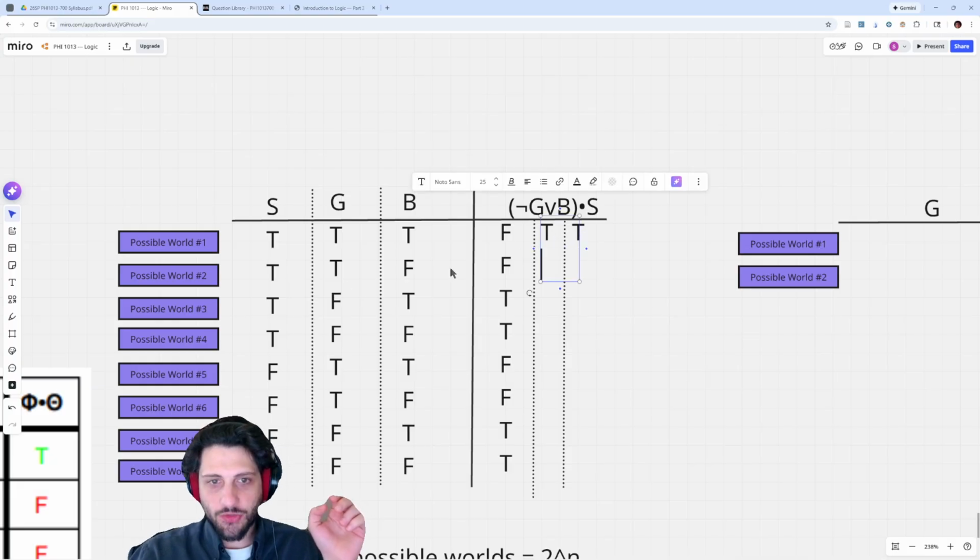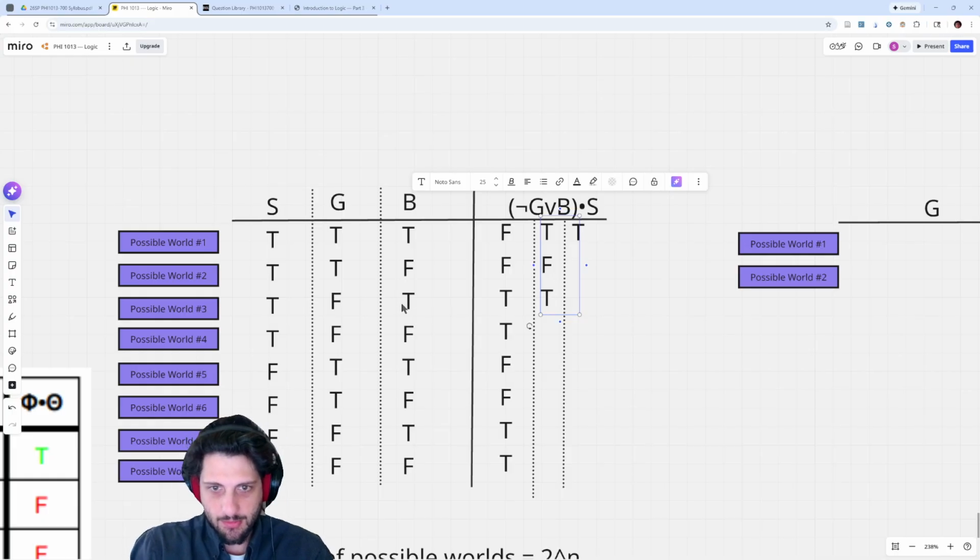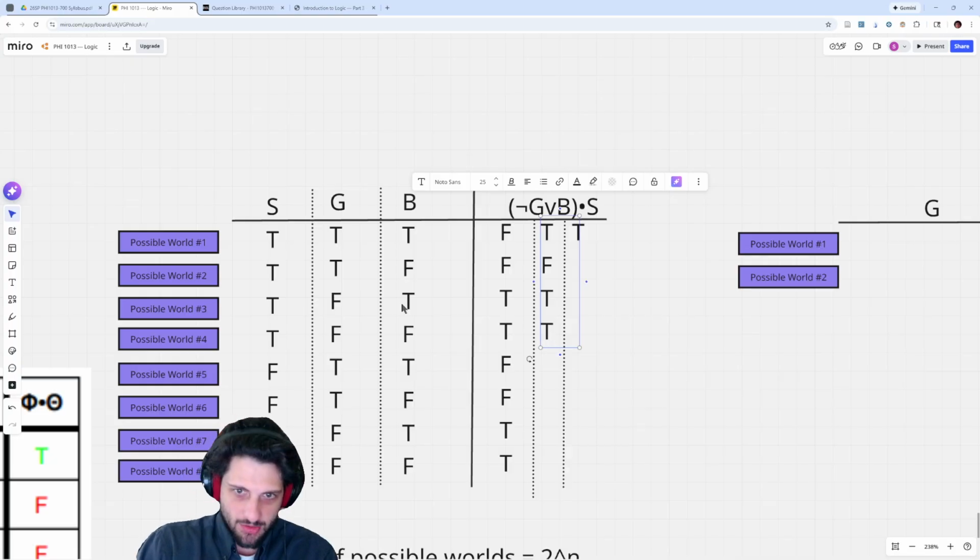We again have a false on the left, this not G. But now, look, B is also false. The right-hand side of this disjunction is also false. That means the disjunction as a whole is false. In the next world, we have a true on the left. Not G is true, so the disjunction is true. We can also see that B is also true. We only needed one, but we got both. In the next world, again, not G is true, B is false, but one side was good enough.